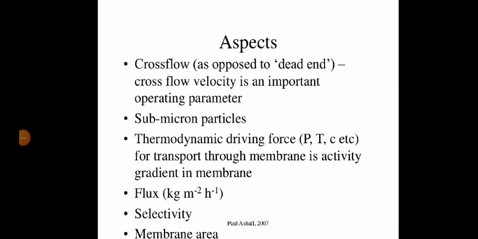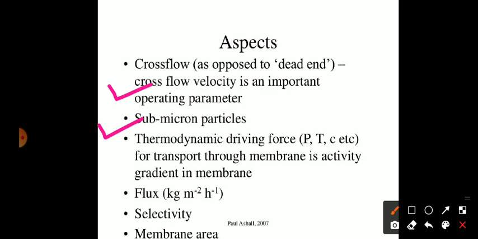So in the cross flow as opposed to dead end, मतलब एक दूसरे का end है, it is in total opposite position. Cross flow velocity is an important operating parameter. Cross flow जो है which is very important parameter. It is submicron particles.